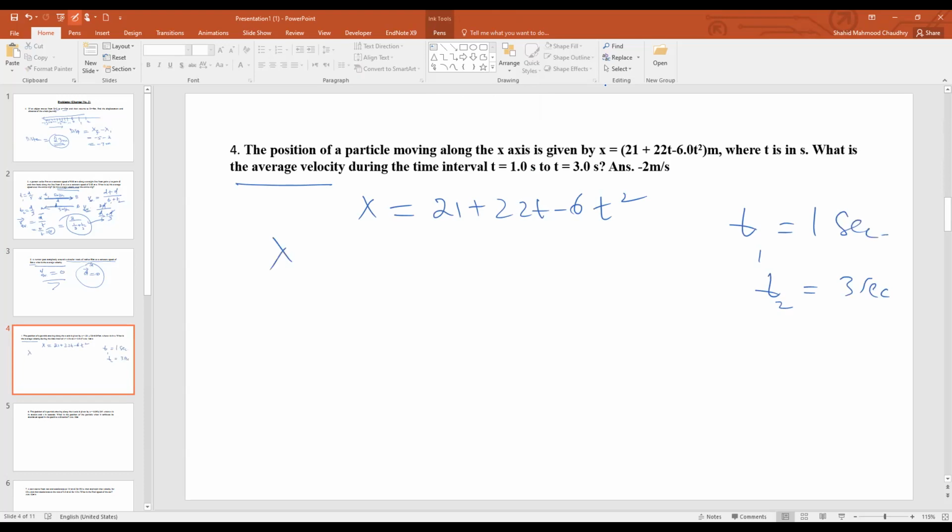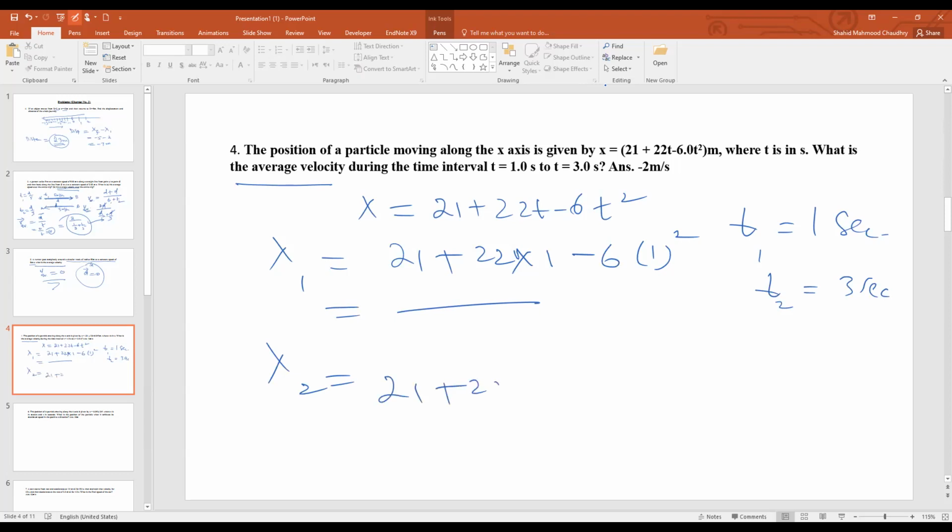So you will find x1 first: 21 plus 22 into 1 minus 6 into 1 square. You can find this value. And x2 will be 21 plus 22 into 3 minus 6 into 3 square. You can solve it and get the answer.